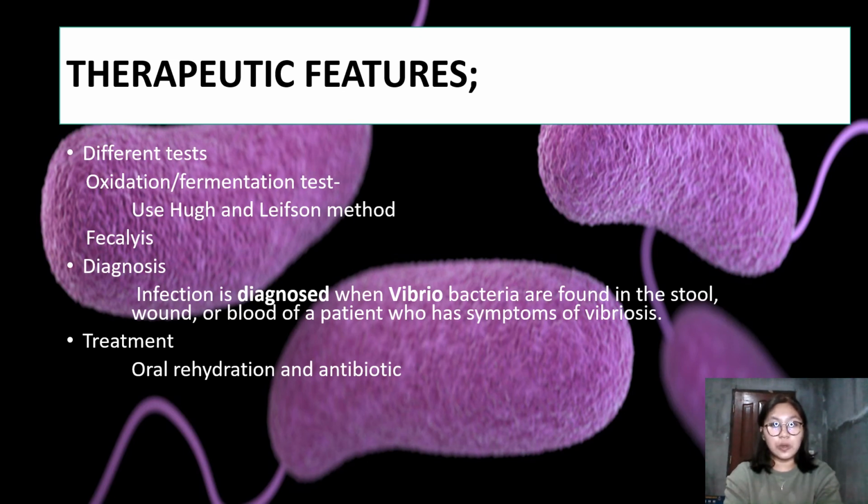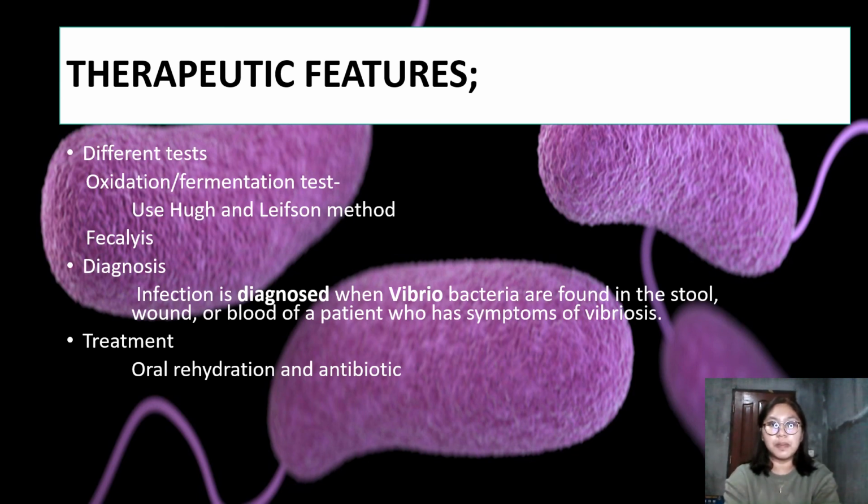Infection is diagnosed when Vibrio bacteria are found in the stool sample, wound, or blood of a patient who has symptoms of vibriosis. So after the medical technologist runs the test, if bacteria are found in the stool sample submitted by the patient experiencing symptoms of vibriosis, the physician can diagnose the infection.